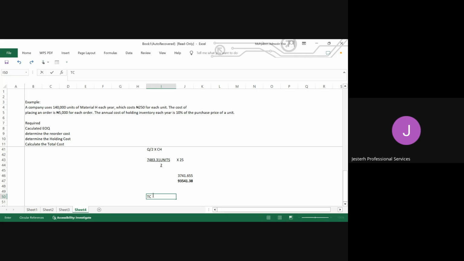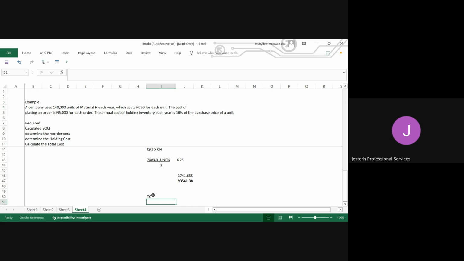Now, how are we going to determine that? Firstly, you have to determine the purchase costs. We have determined the cost that we are going to incur whenever we are bringing in all these materials, and the cost of storing the material in the store, which is the holding cost.